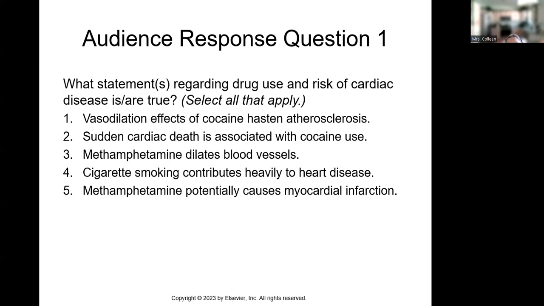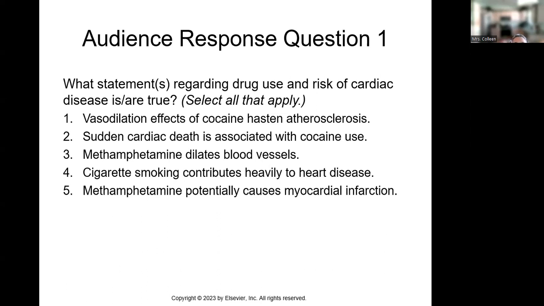Three says methamphetamines dilate blood vessels. So that's not going to be a cause of a cardiac issue, the dilated blood vessels. Okay, that's not going to be correct. Now, four, cigarette smoking contributes heavily to heart disease. That is true. Okay, we know that for a fact. Cigarette smoking is never good for your patients, just as a general rule.